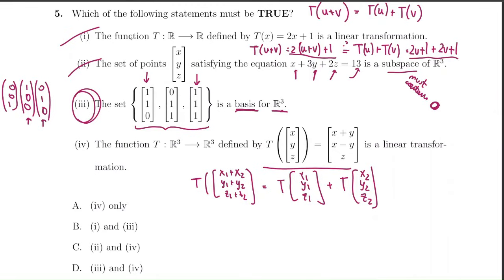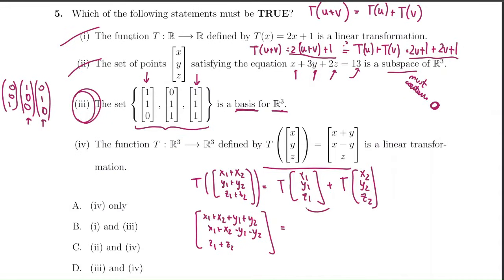We plug that into this transformation expression, and that gives us x1 plus x2 plus y1 plus y2, x1 plus x2 minus y1 minus y2, and then z1 plus z2.